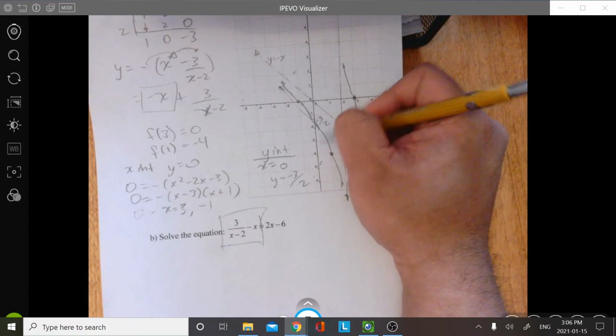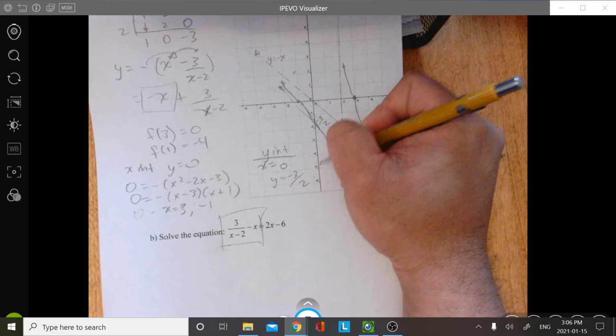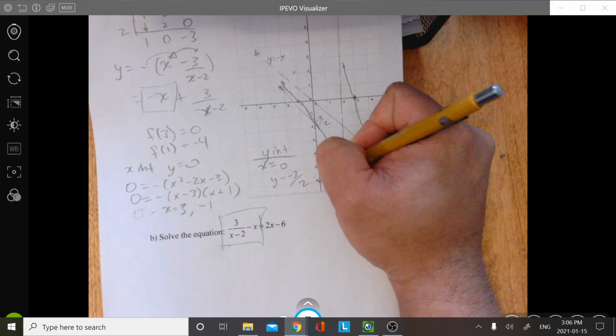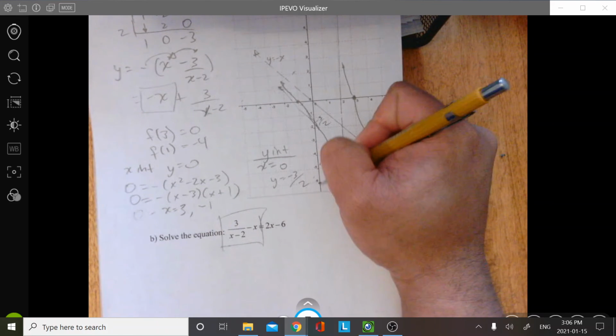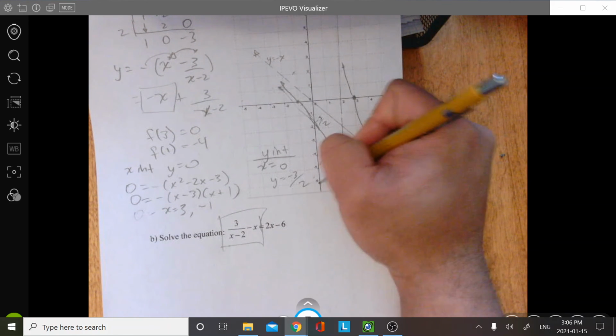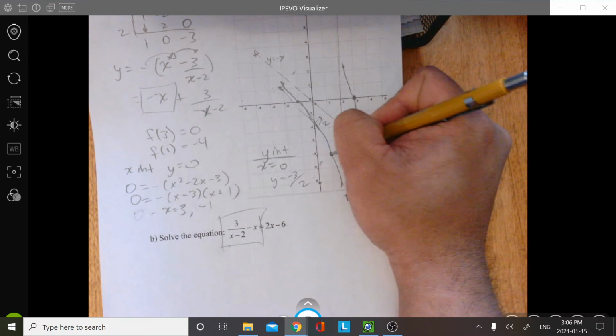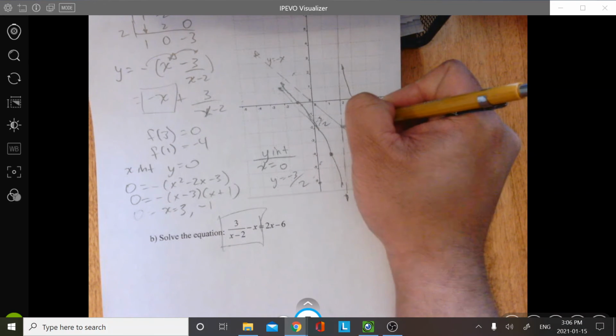So back to grade 9 and 10, we're sketching lines. You have a y-intercept of negative 6, and your slope is 2, so you're going to rise 2, run 1. So this is a point, rise 2, run 1.